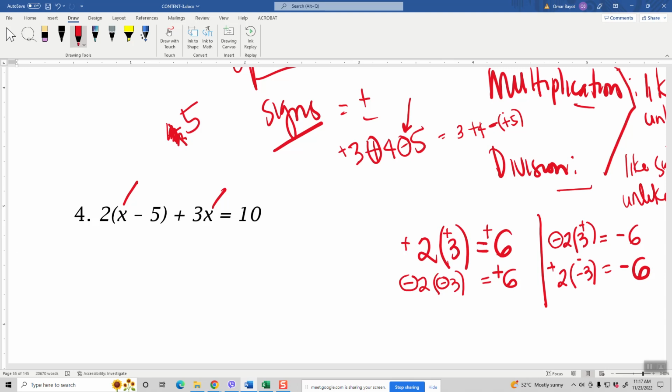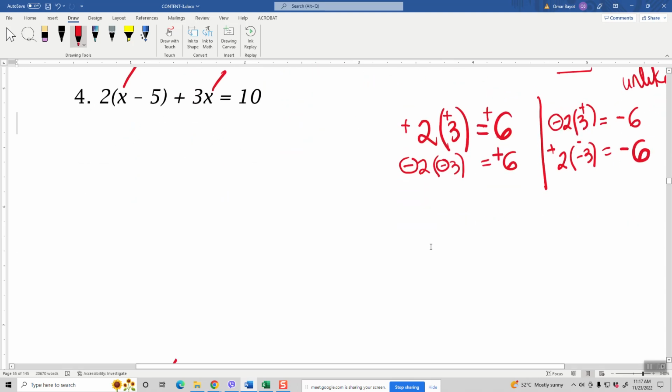Okay? So for multiplication, by the way, we call the different parts. Sorry, multiplication: this is the multiplicand.